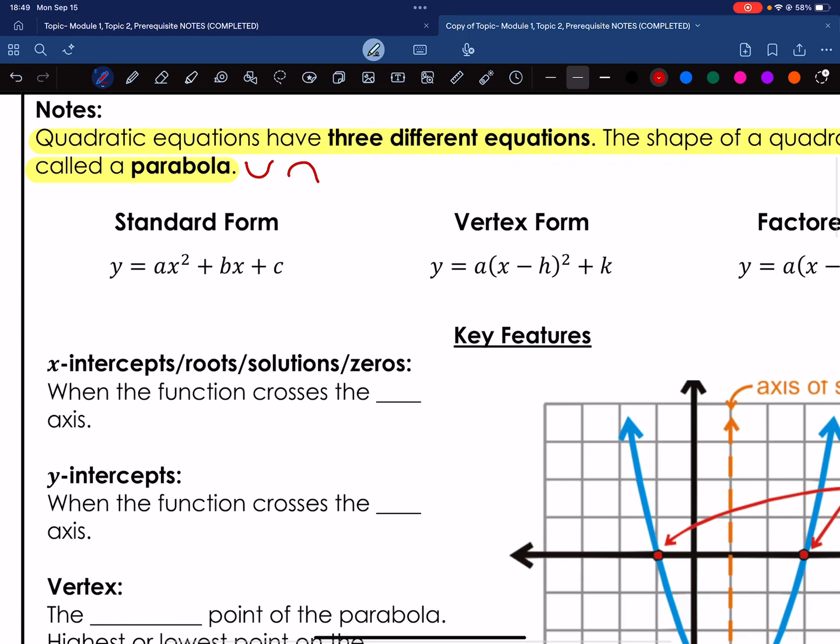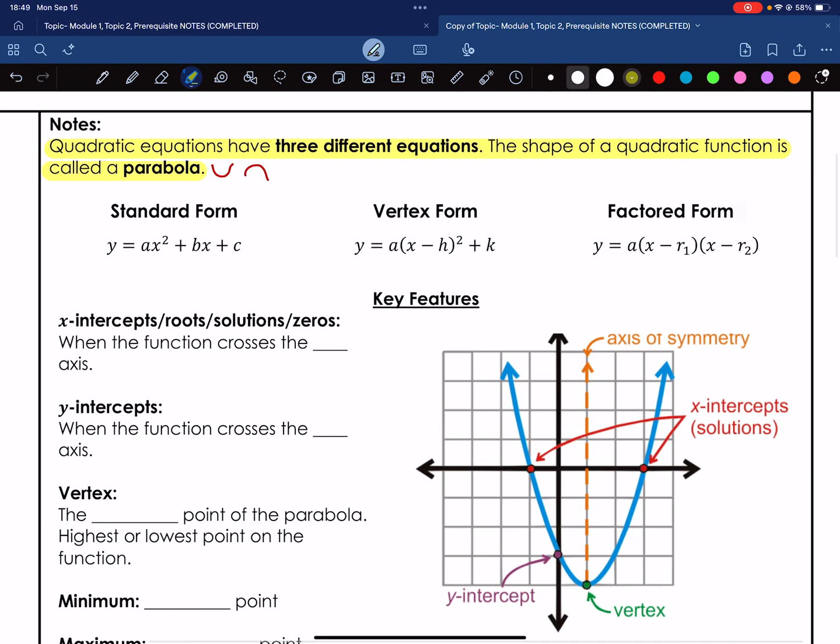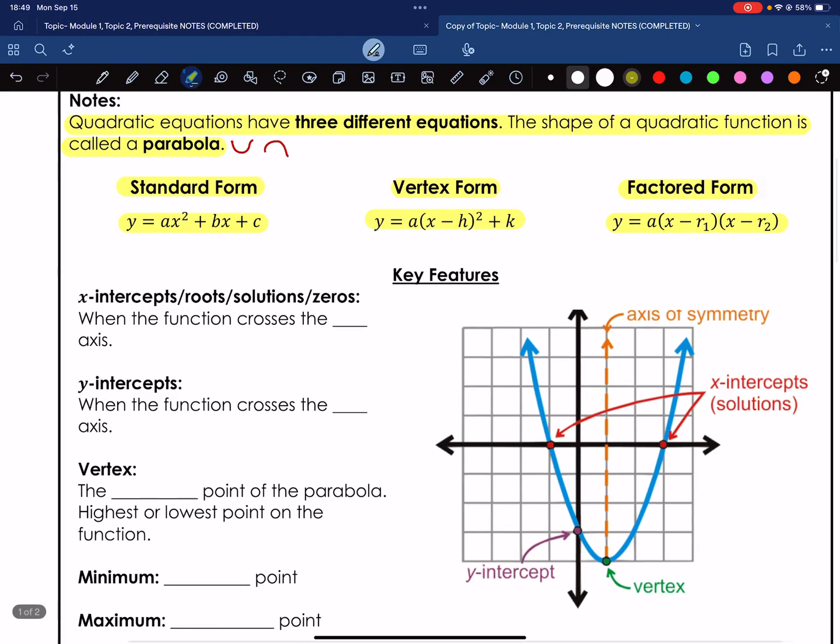So we have our three different forms. In videos following this, we'll go more in depth with these, but we have our standard form, which looks like this, our vertex form, which looks like this, and our factored form, which looks like this. Each form is important to find a different key feature, and that's what the videos coming up will tell you.